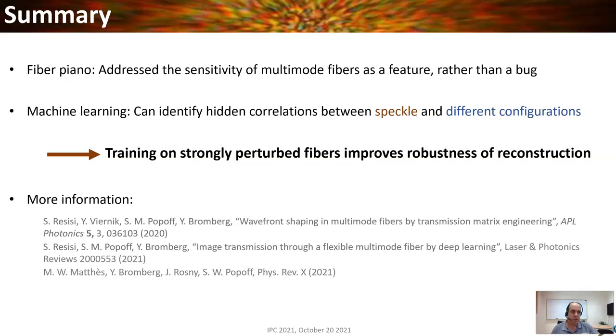We saw that training a deep neural network on speckles generated from hundreds of different and low correlated fiber bends could achieve bend robustness and provide reconstructions even from unknown input patterns and for unknown bends. We therefore believe that training networks on strongly perturbed fibers is a promising route towards achieving robust imaging through multimode fibers.